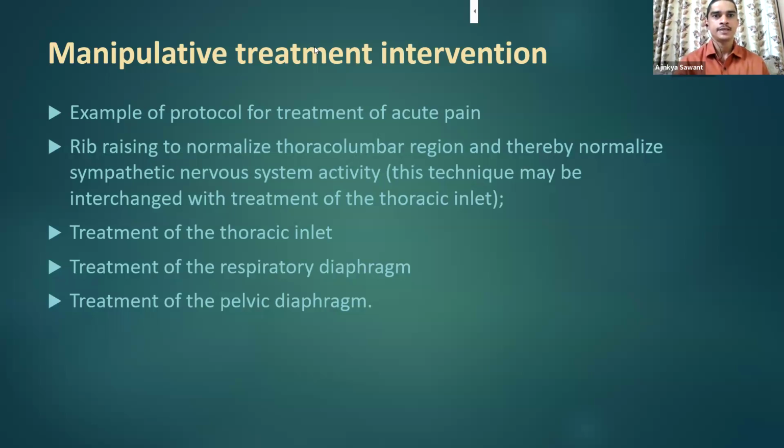The reason behind this is that rib raising normalizes the thoracolumbar region and thereby normalizes sympathetic nervous system activity. If there is upregulation of the sympathetic nervous system, you are going to get irritated and the pain is going to be there.